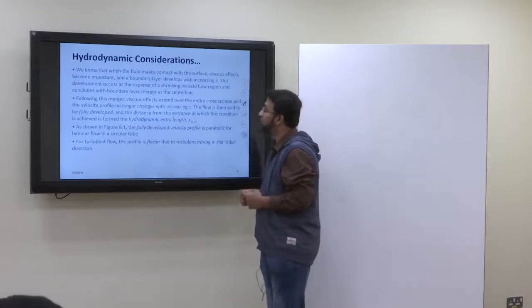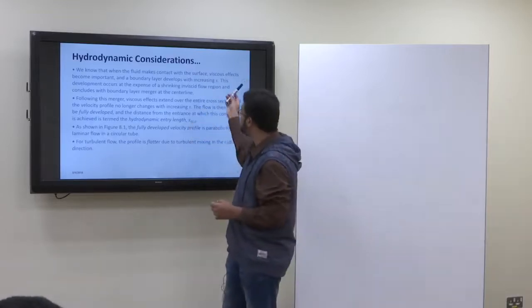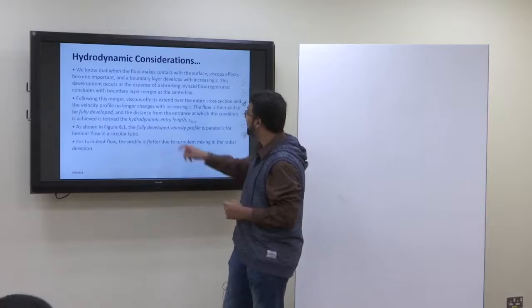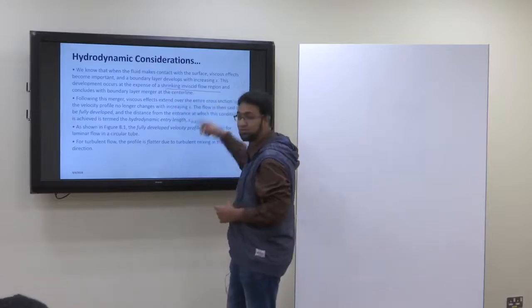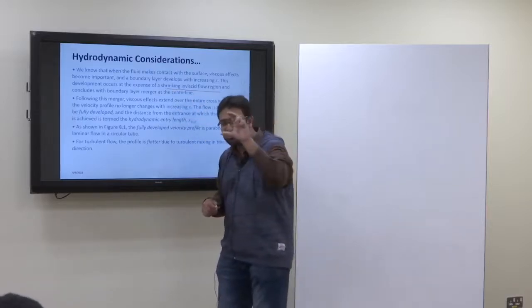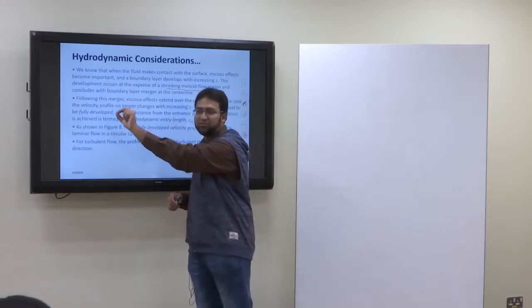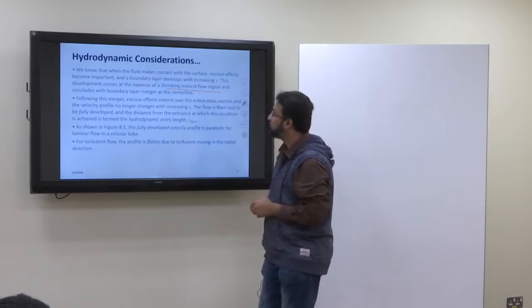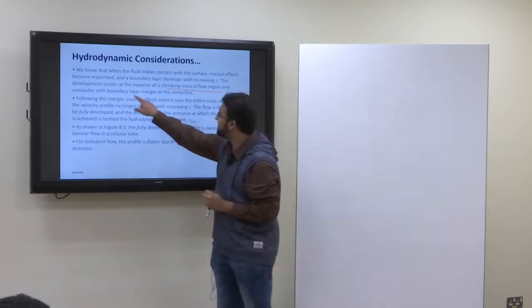When the fluid makes contact with the surface, viscous effects become important and a boundary layer develops with increasing x. The development occurs at the expense of a shrinking inviscid flow region. So the inviscid flow region keeps shrinking until it finishes, and concludes with boundary layer merger at the center line.